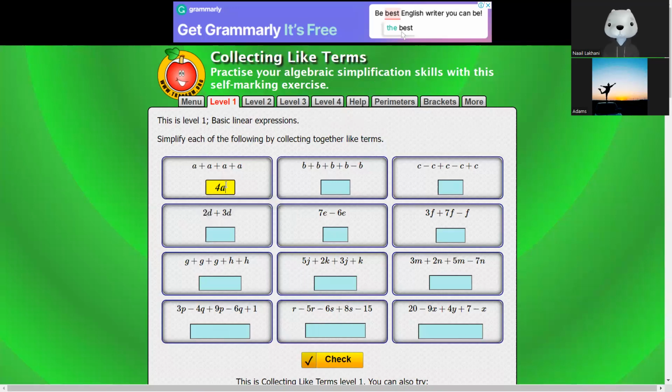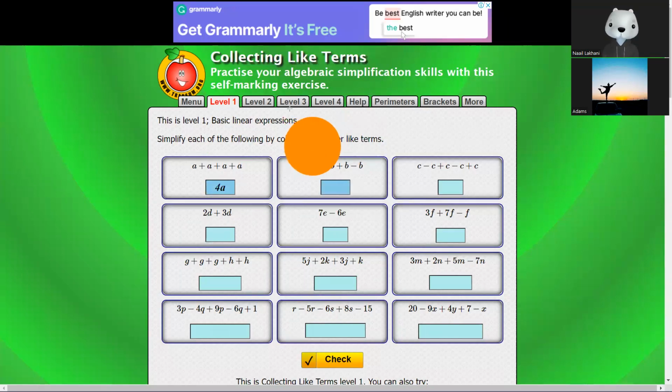So 4A. Let's see, B plus B plus B plus B. Let's say B is an orange. You have 4 oranges, right?